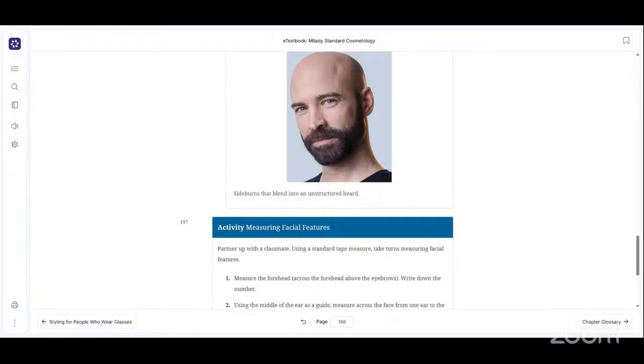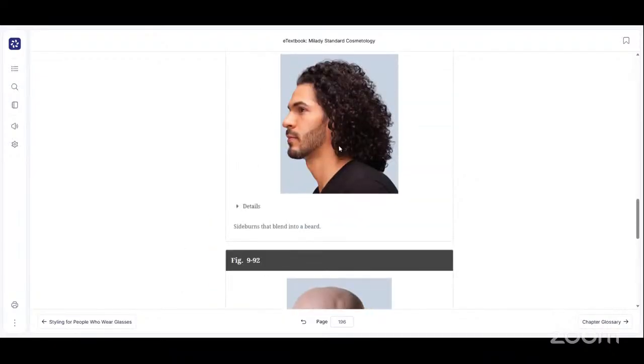This is an unstructured beard, and then you have pretty much what you can call a structured one. It has a blend. It definitely has design lines. See that? Okay, and it is reduced density. So it's here. It's just not as thick.